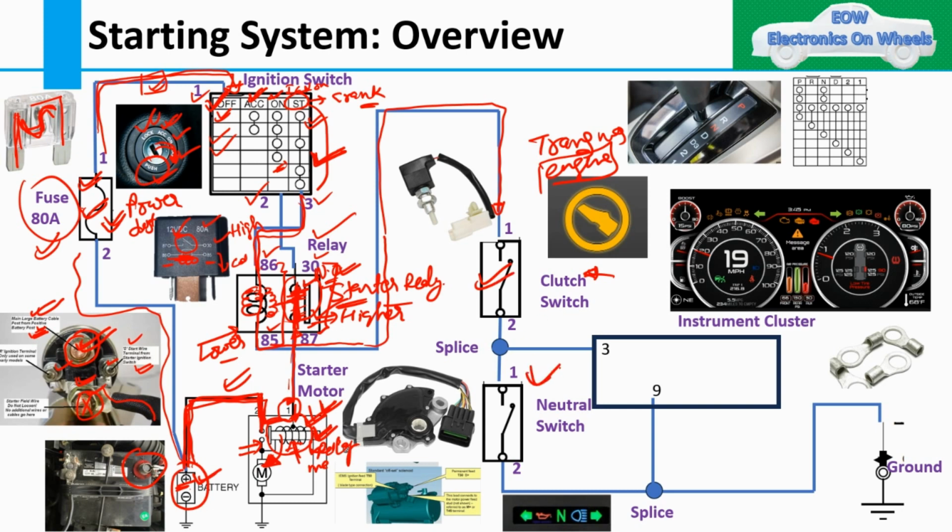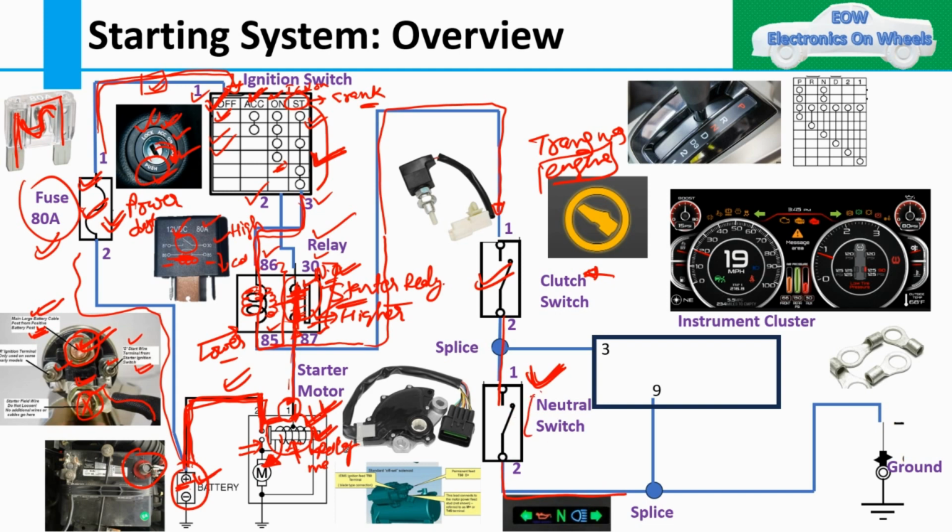Then the neutral switch. You might also have come across that when you are starting your vehicle, if it is in gear, then it does not start. So why does it not start? Now we will see here. There is a connection to the neutral switch as well. What is the function of this neutral switch?